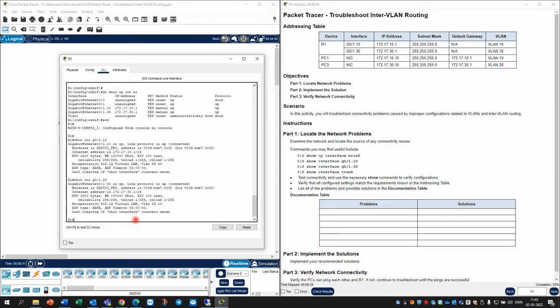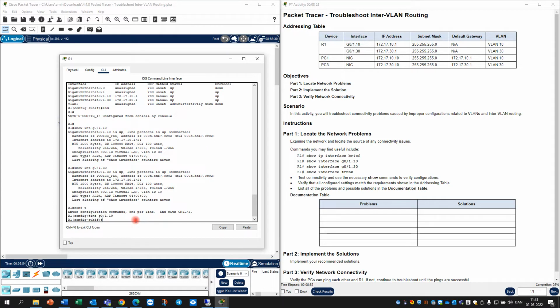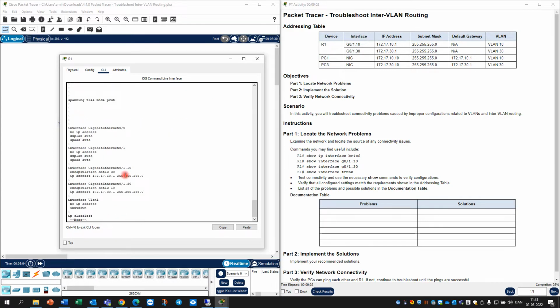Yes, you should go to conf t and interface G0/1.10. It's better we also check show run first, and what's the problem here.